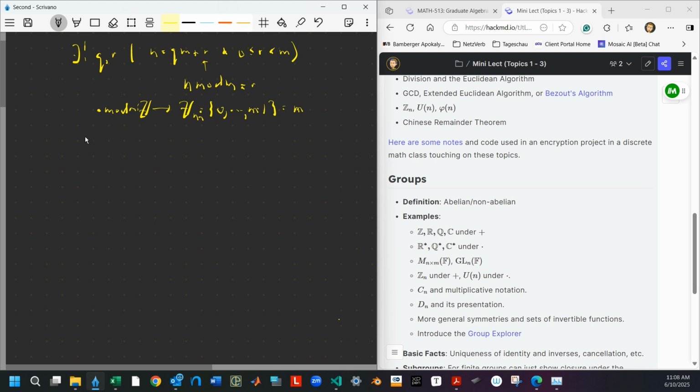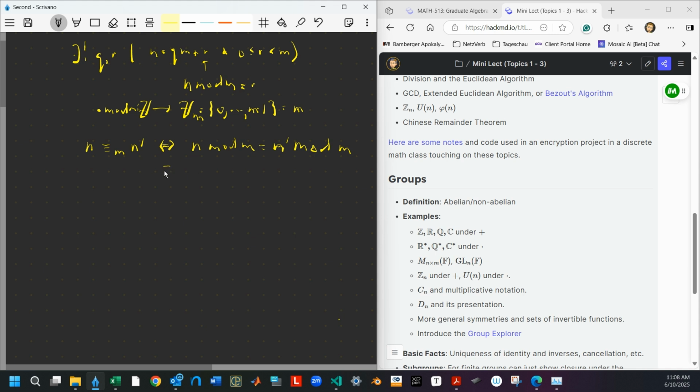There are also some relations to define here. I could have n equivalent sub m to n prime. That's one way I'll write this. By definition, this is n mod m equals n prime mod m.